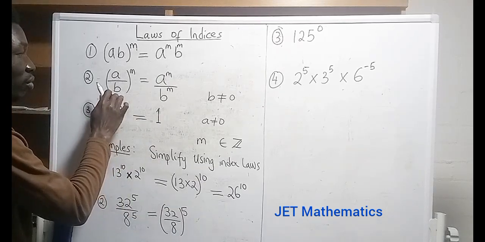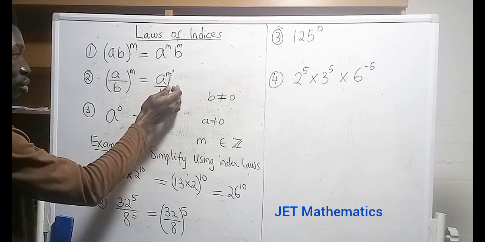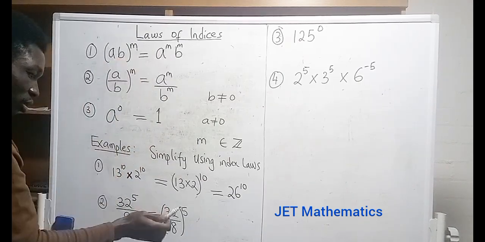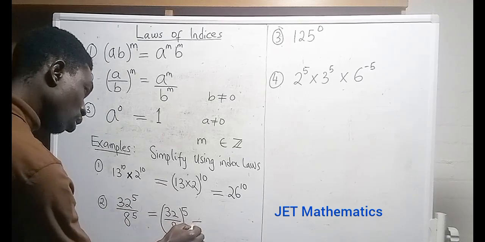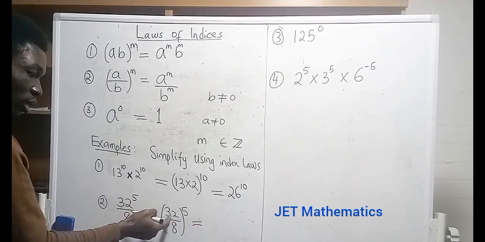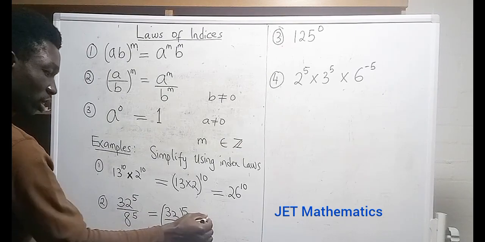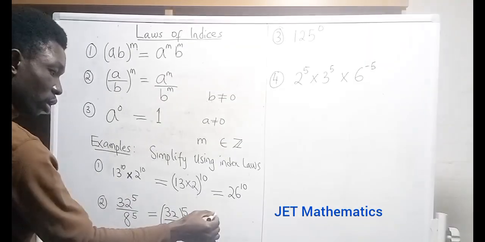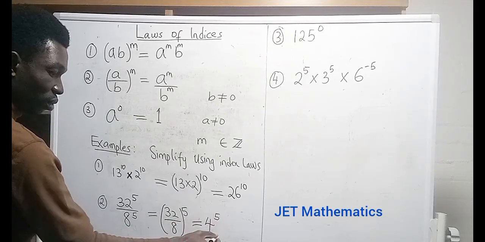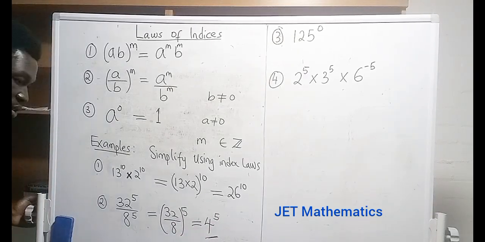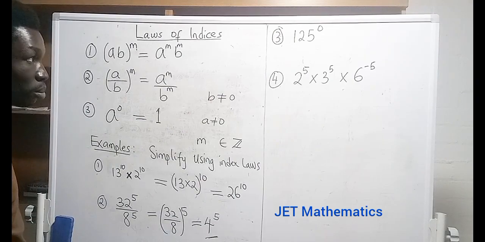So it's just as we have here. We are going from here to here in this case. And so this gives us 32 divided by 8, which is 4, raised to the power of 5. So that solves that problem.